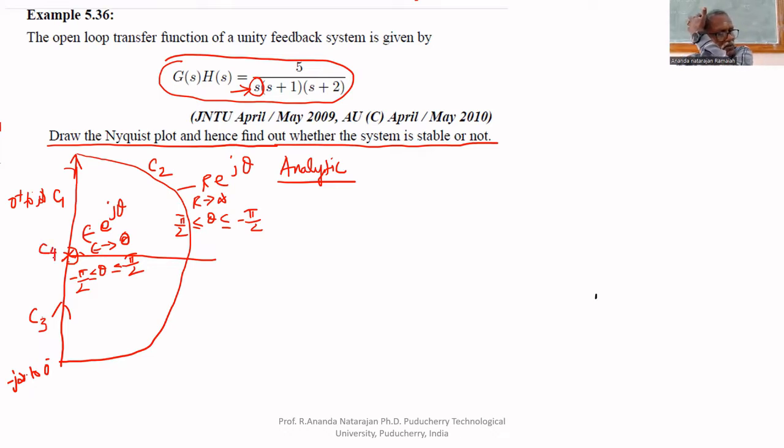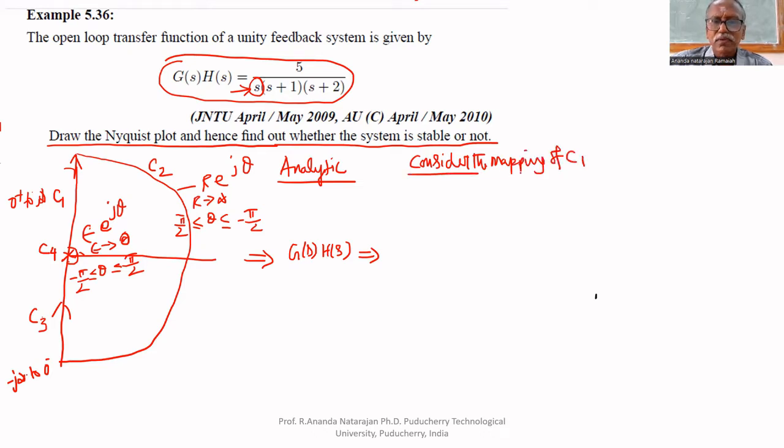We have to map C1, C2, C3, and C4 on the function G(s)H(s). So if you map this on G(s)H(s), we have to see what we will get. For that, the first step is we have to consider the mapping of C1.